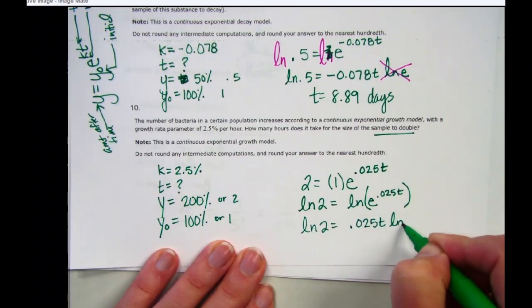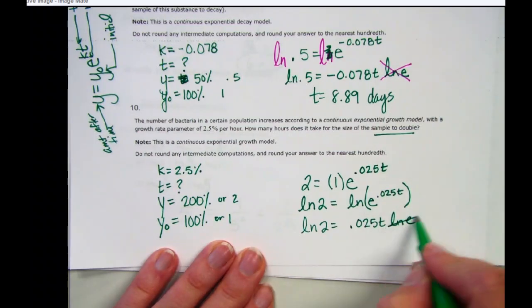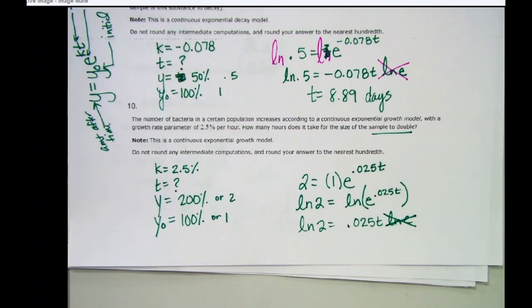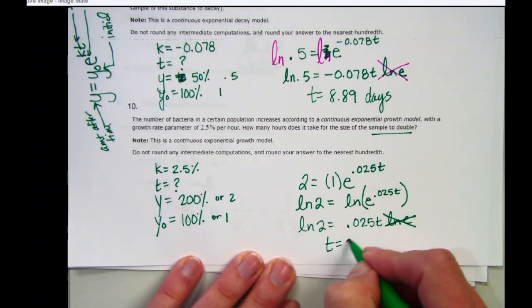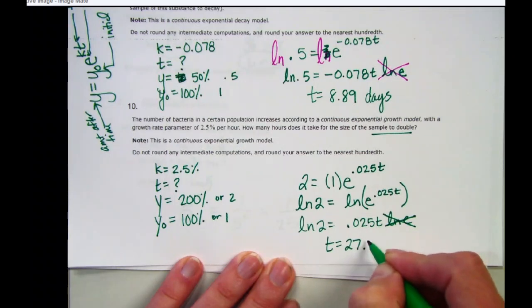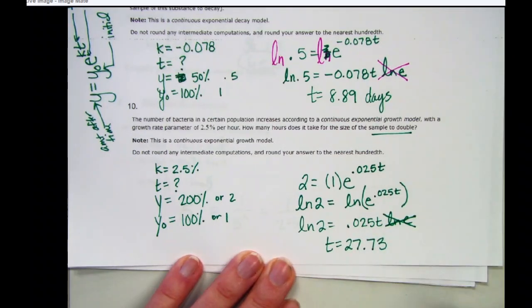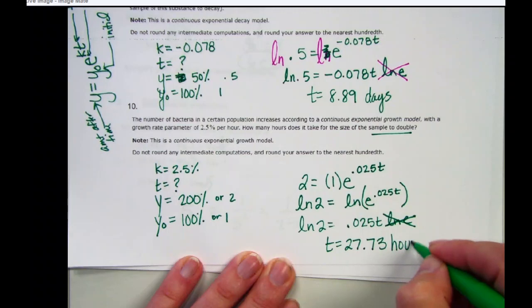And now I have ln of e, which cancels. Calculator work, ln of 2 divided by 0.025. T is 27.73 hours in this case.